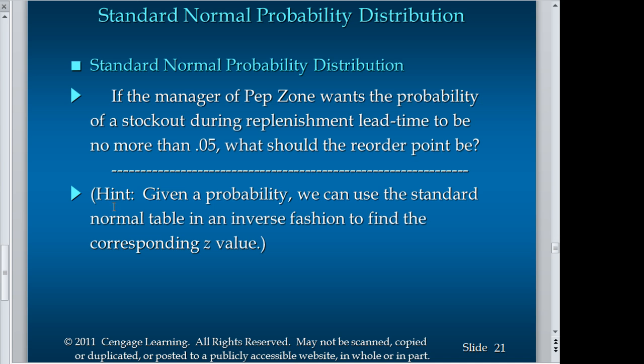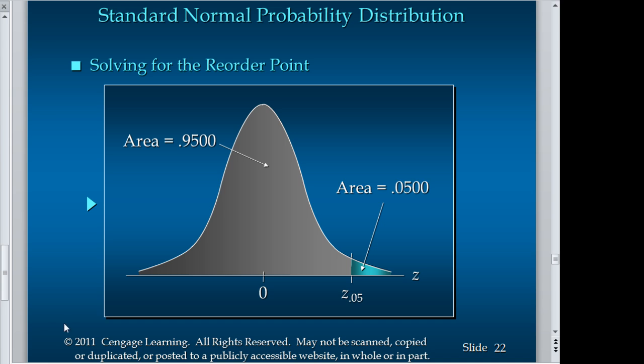Then if you think about this, your point should be right here, so that above you is 5%, behind you 95%. You want that number.